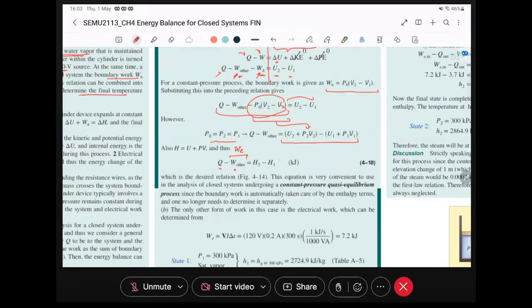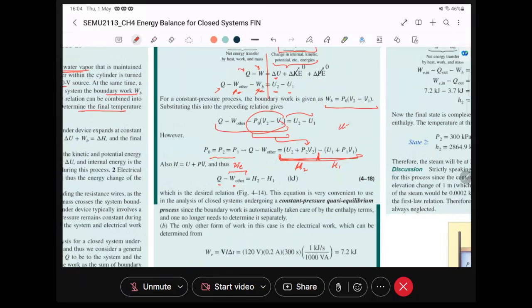So then the right hand term, this one that will expand. So the U plus PV, that is what we can combine and call it the H2. This is H1. Okay. So internal energy plus boundary work basically equal to the enthalpy.